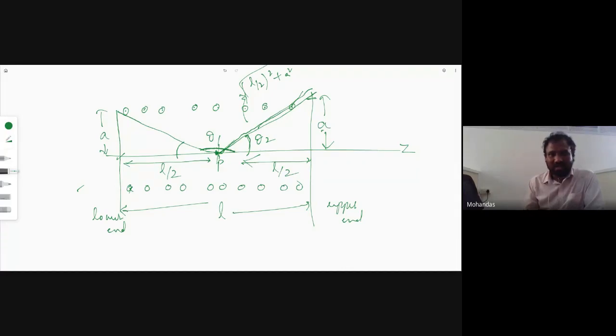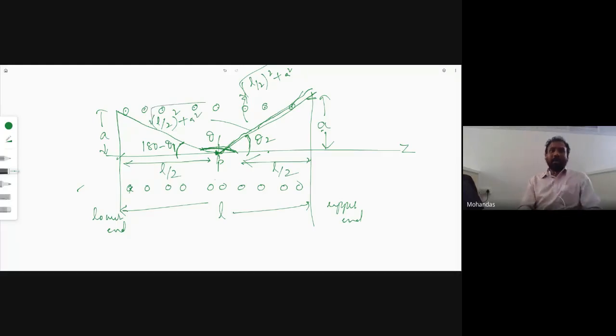The total angle is 180 degrees, and this angle is theta 1, so this angle is 180 minus theta 1. And this length, from the Pythagoras theorem, is the square root of L by 2 whole square plus A square.